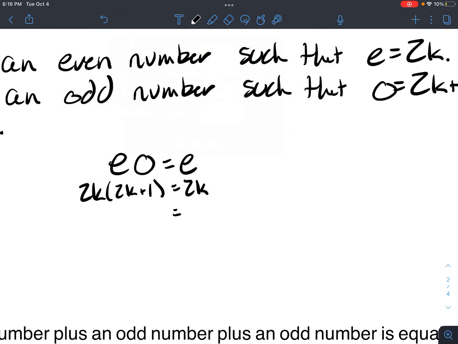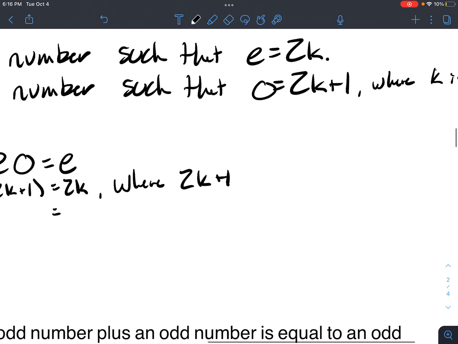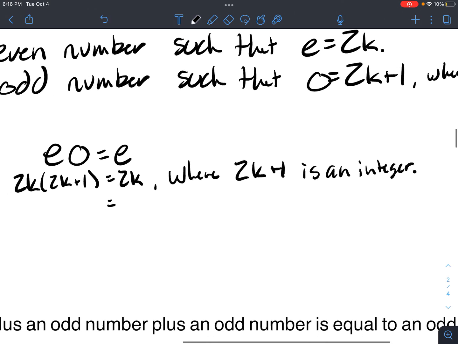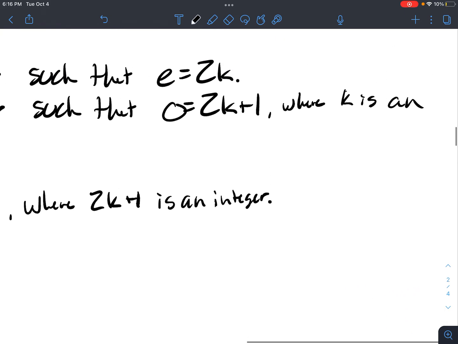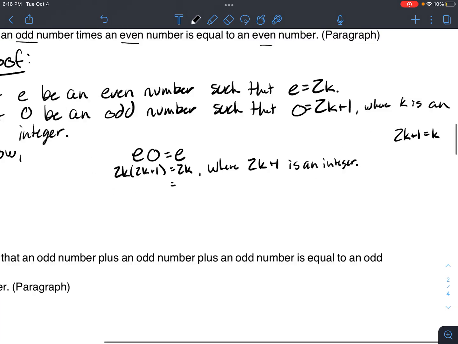You could say where 2k plus 1 is an integer. So basically what we can do is, since it's an integer, 2k plus 1 is equal to k.